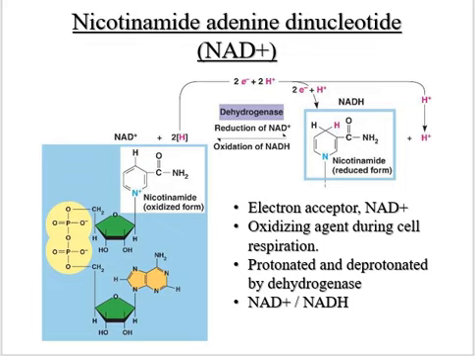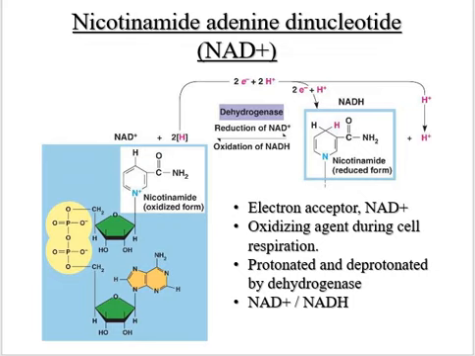So obviously dehydrogenase is an enzyme. What is this enzyme doing? Well, the dehydrogen part means to lose hydrogens. So it is removing hydrogens, or it's transferring hydrogens. And that's exactly what this enzyme does.